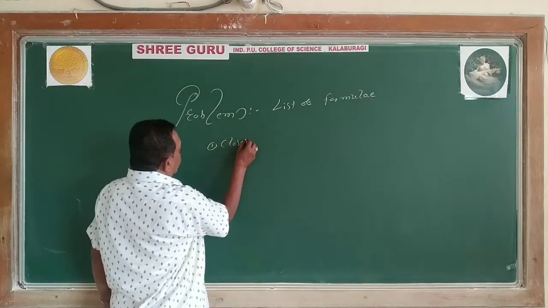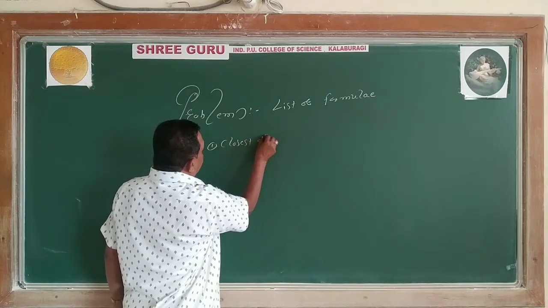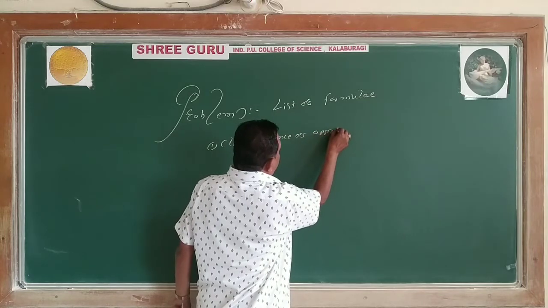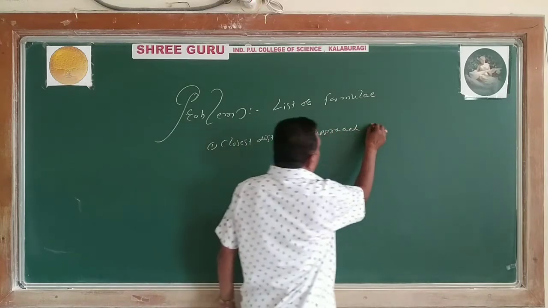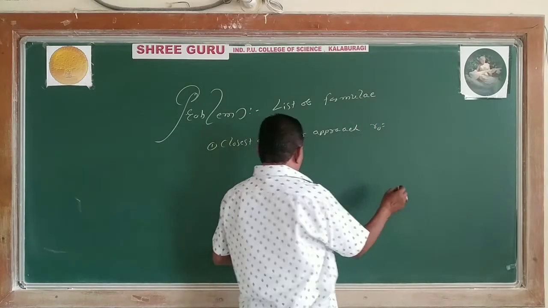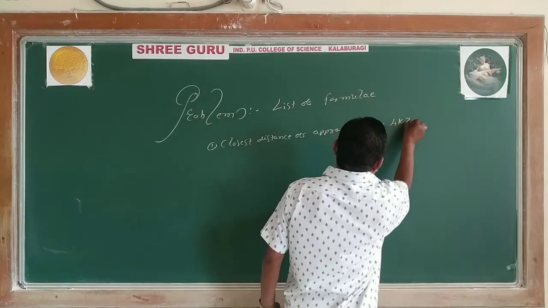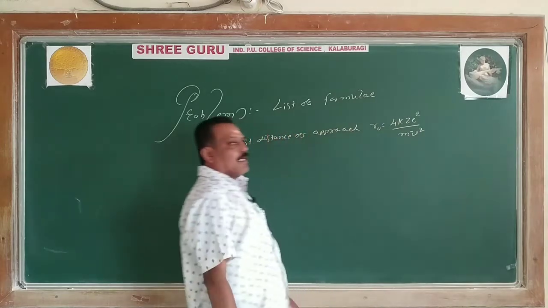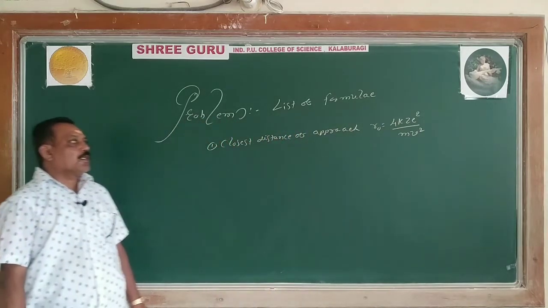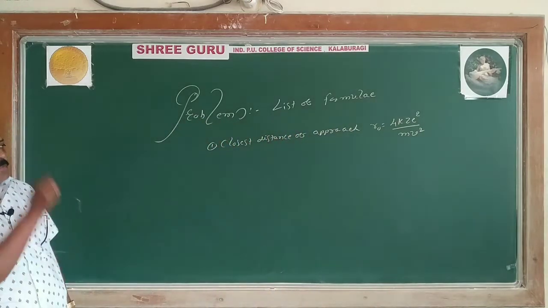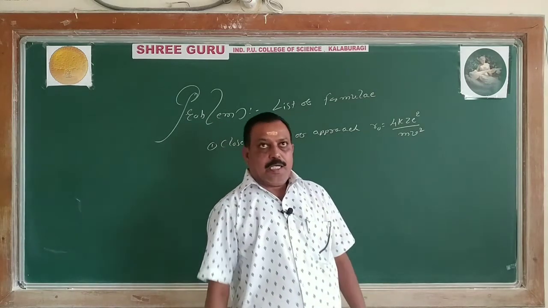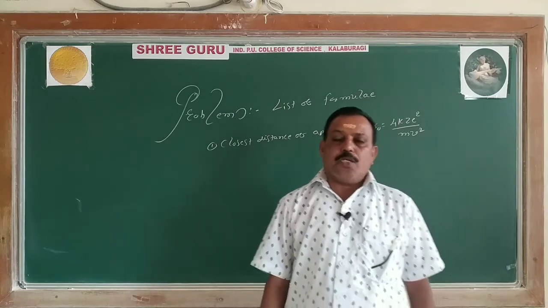Closest distance of approach R0 is equal to 4kZ square divided by mv square, where k is nothing but 1 divided by 4 pi epsilon naught. This is obtained when the alpha particle approaches very close to the nucleus.